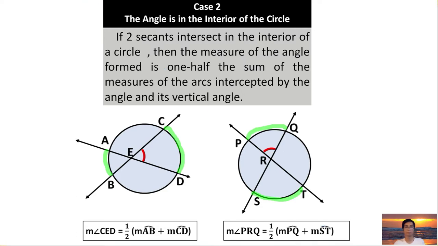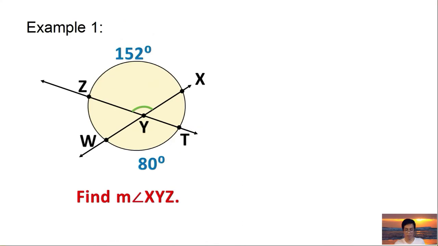Okay, apply natin yung ating theorem with the following examples. Let's find the measure of angle XYZ. So, highlight muna natin. Ito si angle XYZ. Yung kanyang intercepted arc is this arc. At yung intercepted arc naman ng kanyang vertical angle is arc WT. So, sulat muna natin yung ating pinaka-formula.